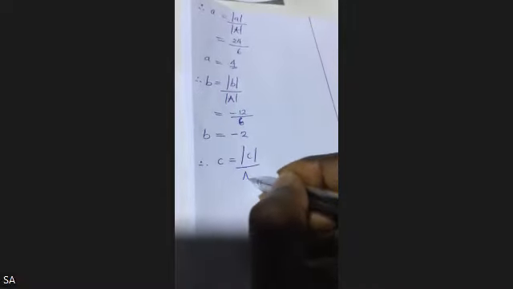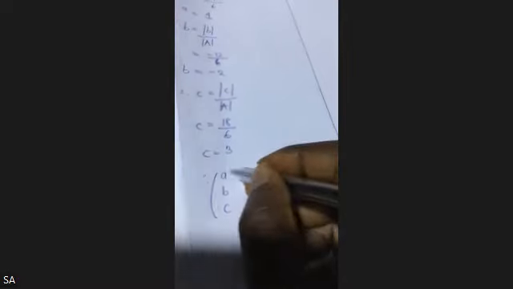Therefore C is the determinant of C over the general determinant. The determinant of C is 18. So that is 18 divided by 6. C is 3.